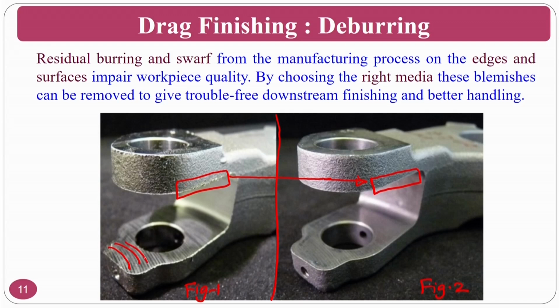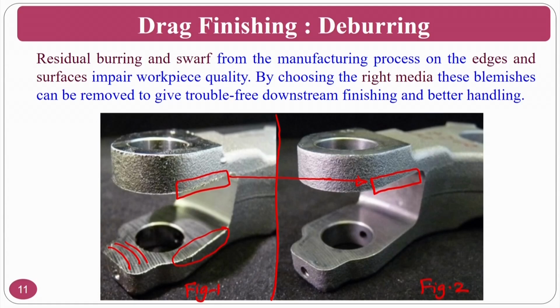In a milling process or any material removal process, some of the edges keep unremoved material, which is called burr, and these burrs are removed using the drag finishing process.